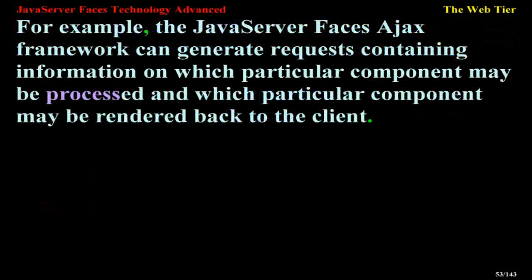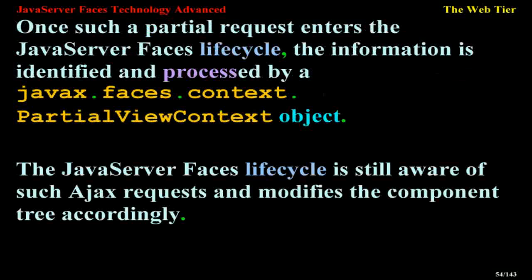For example, the JavaServer Faces Ajax framework can generate requests containing information on which particular component may be processed and which particular component may be rendered back to the client. Once such a partial request enters the JavaServer Faces lifecycle, the information is identified and processed by an Ajax Faces Context Partial View Context object.